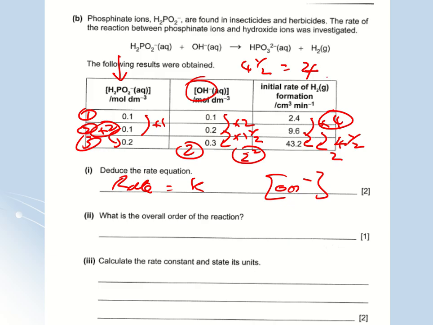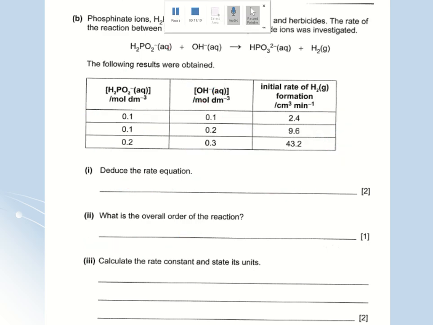And these have gone up by 1.5, and we're trying to work out what X is. 4.5 divided by 4 is equal to 1.125 equals 1.5 to the X. Okay, I'm going to start that one again because I've made a silly mistake.